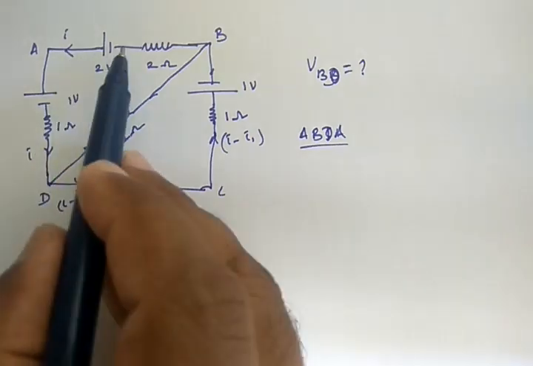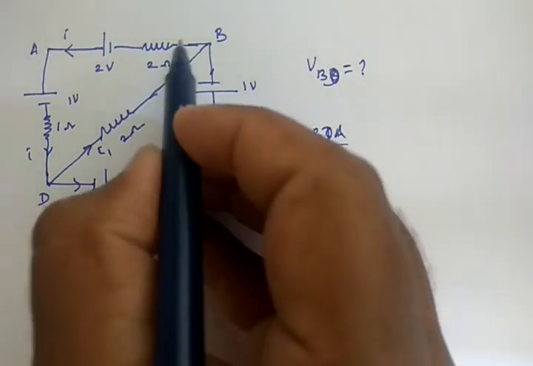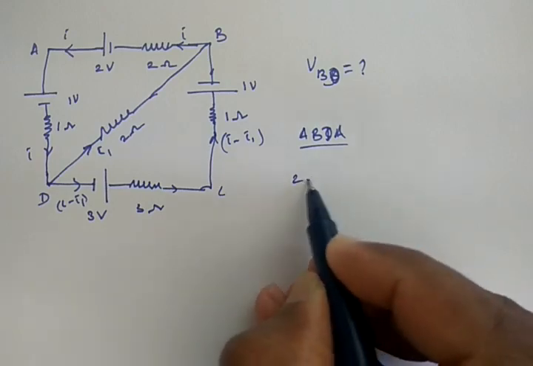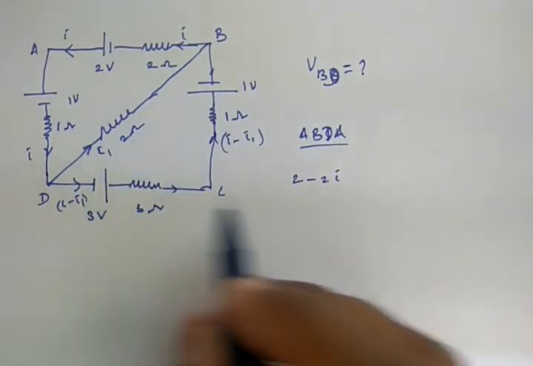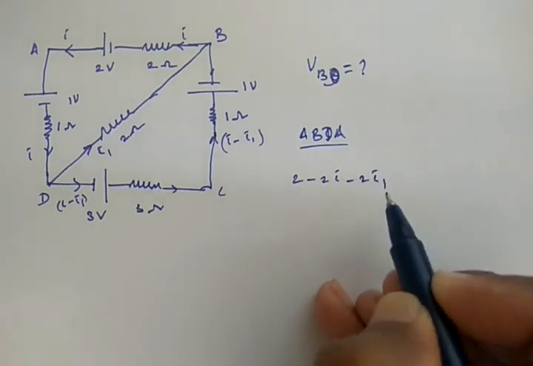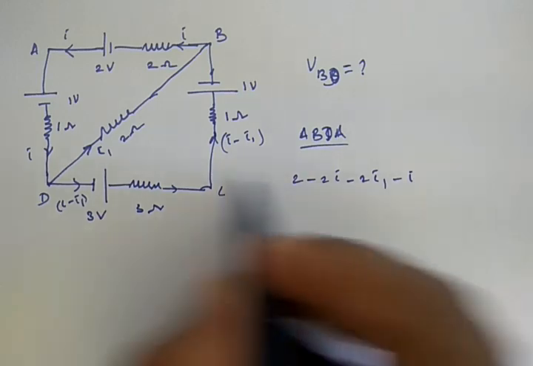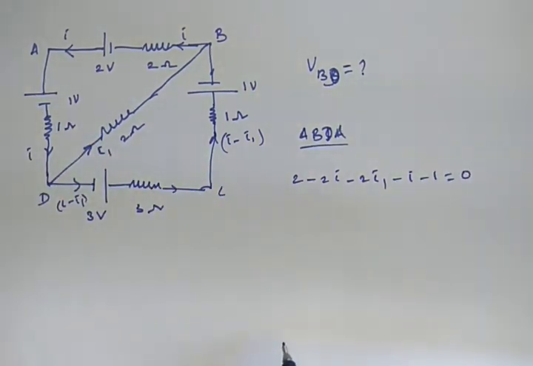The voltage across this element is 2. Then for this one, current is going in this way, so you get minus 2I, and here also you get minus 2I1, and here also you get minus I, and there you get minus 1 equals 0.